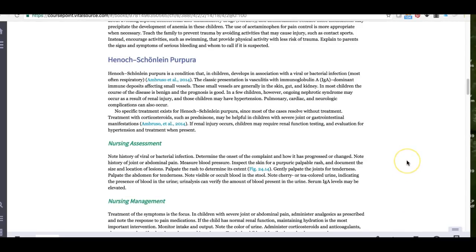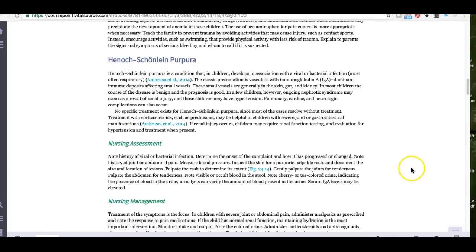Idiopathic, usually it's a vasculitis in kids that presents sometimes after some sort of viral illness. Most of the time it kind of goes away on its own, it's self-limiting. But if it is bad enough, a lot of times they get effusions in their joints where they can't walk. Then they may do some steroids to suppress that reaction.